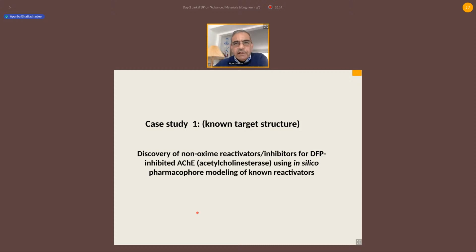Some countries have used them even in recent times, like in Syria, there was a war, the ISIS, and they were using this kind of organophosphorus compound. But anyway, what is to be done is, we know that if organophosphorus compounds are used in warfare, there are certain compounds called oximes, which can quickly reactivate the system.